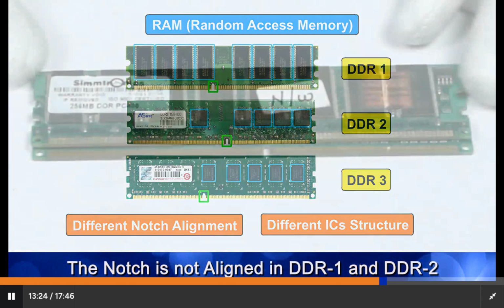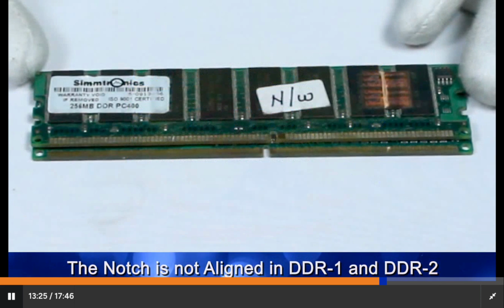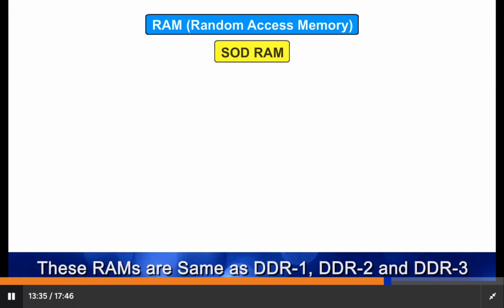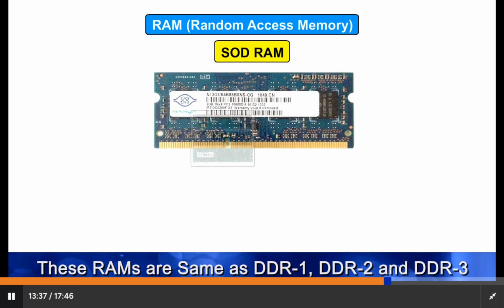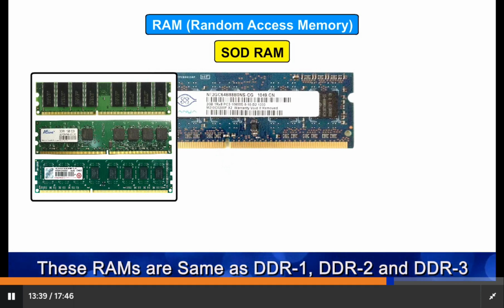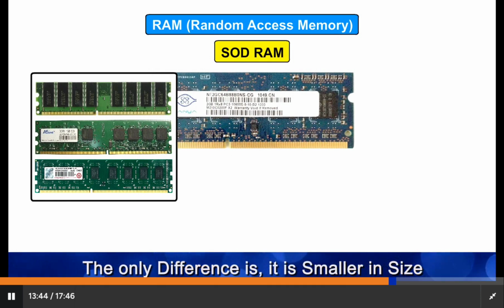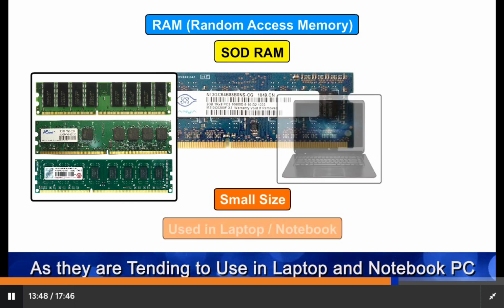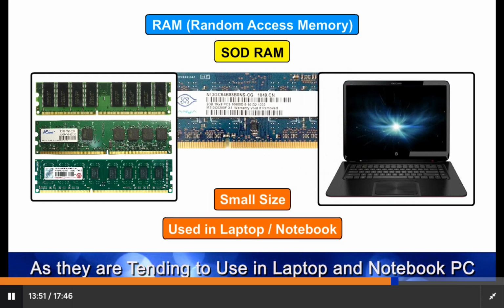Now you can see the notch is not aligned in DDR1 and DDR2 as its location is different in each one. SODIMM RAMs. These RAMs are the same as DDR1, DDR2 and DDR3. The only difference is they are smaller in size as they are intended for use in laptop and notebook PCs.